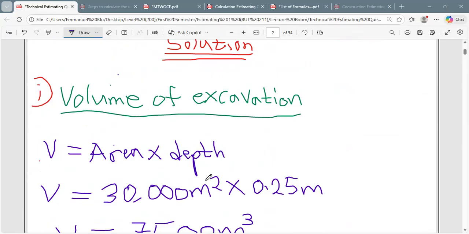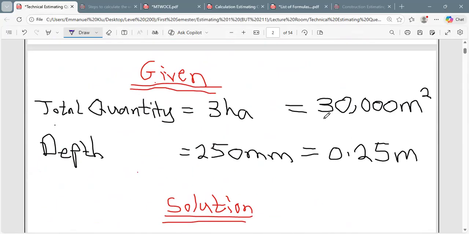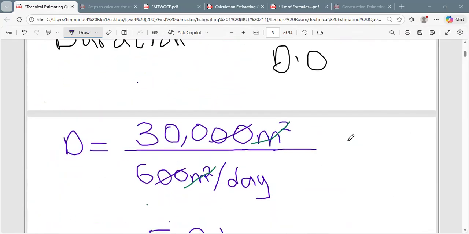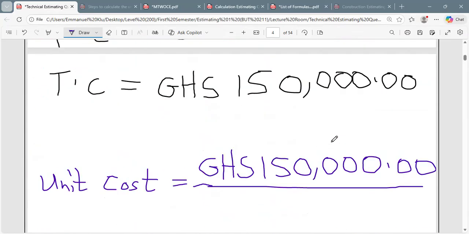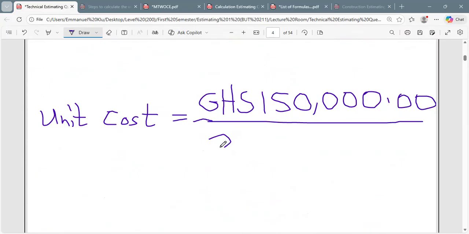Which total quantity are we using? We are using the 30,000 meters squared.